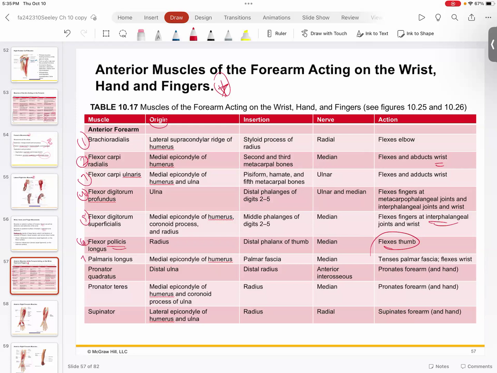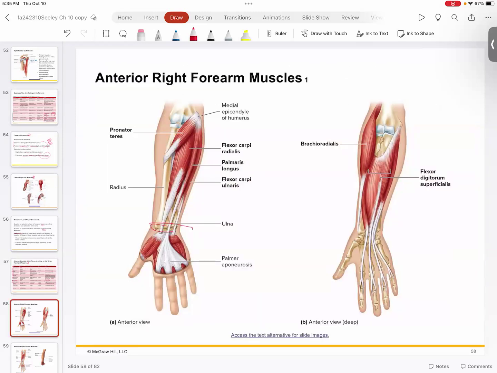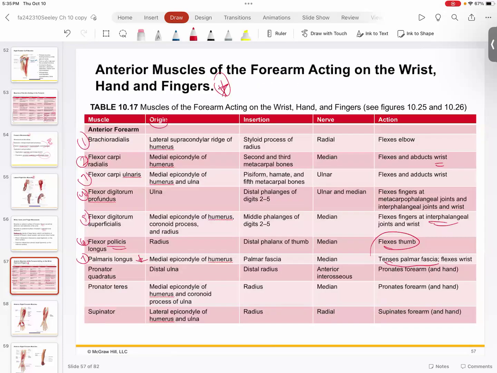Palmaris longus, we saw this one. This one is on our list, right? So this is one that flexes the wrist and has the palmar fascia. You can see this is where the palmaris longus allows you to flex your fingers. Pronator quadratus is another one that's a little on the deep side, but this is a pronator of the forearm.